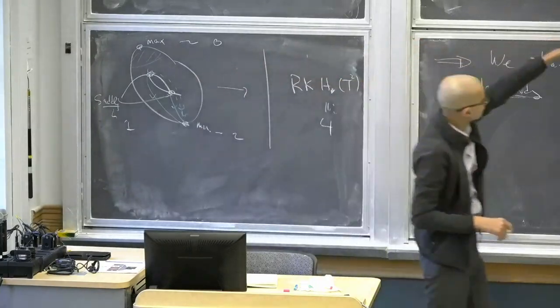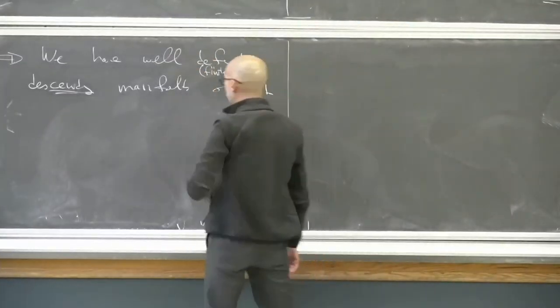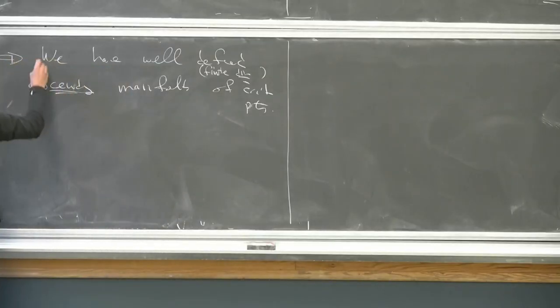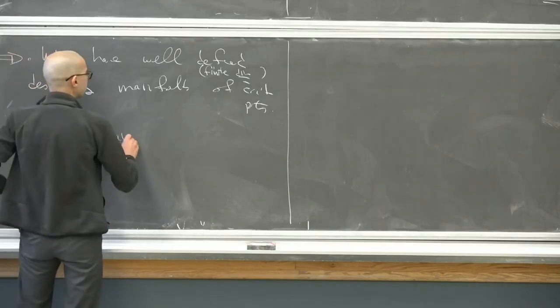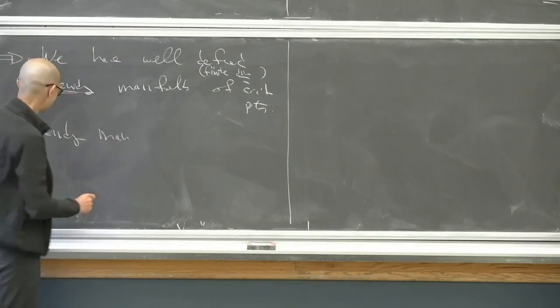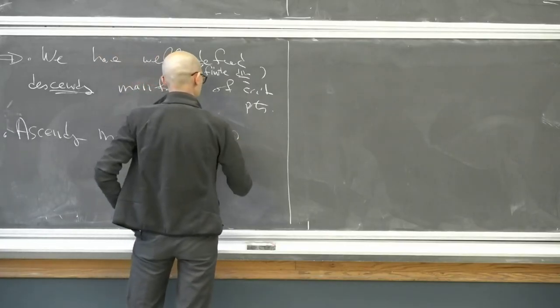In Morse theory, as I said, for this geodesic problem, descending manifolds are finite dimensional, but there's also the dual theory, which is the ascending manifolds, which are the directions in which you can increase the length, and they have finite codimension.